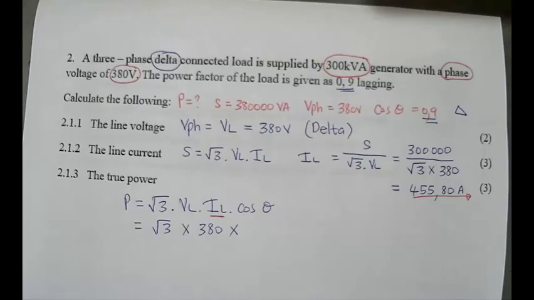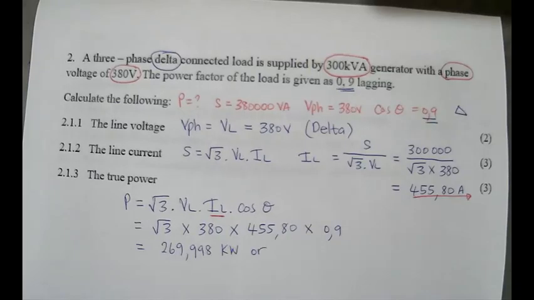Multiplied by the current that we just worked out, and then times the power factor, we get an answer of 269,998 watts. I wrote kilowatts immediately because of space, but your first step is to write it as watts. Divided by 1000 will then give us kilowatts, and that will give us 270 kilowatts rounded off.